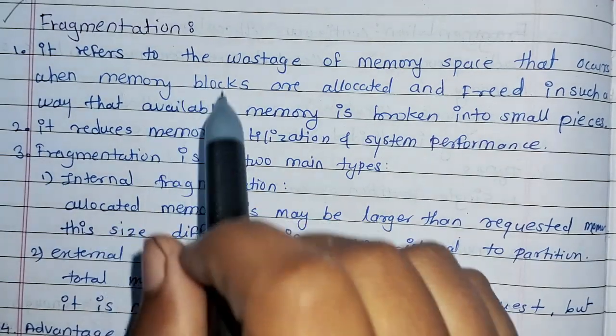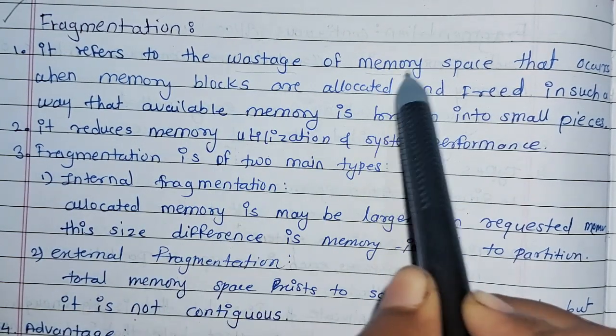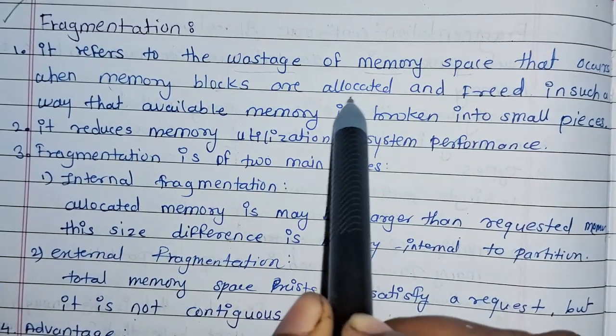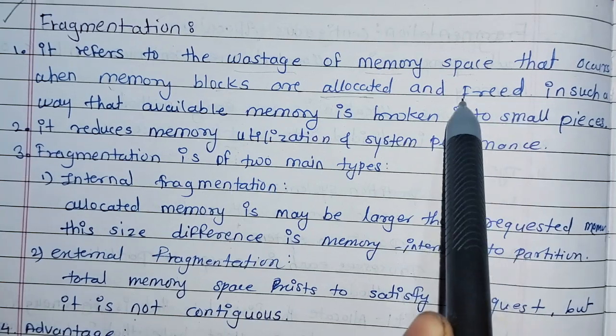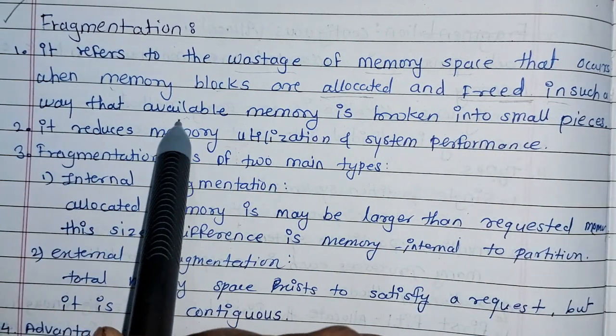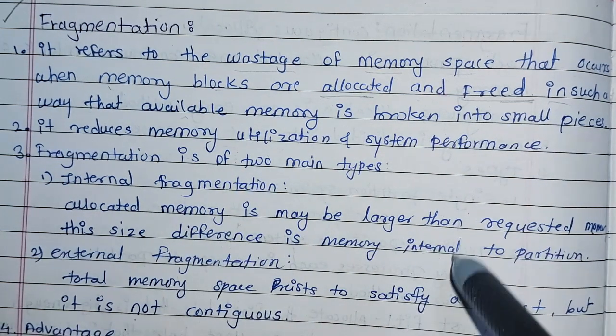Now fragmentation. So fragmentation refers to the wastage of memory space that occurs when memory blocks are allocated and freed in such a way that available memory is broken into smaller pieces.